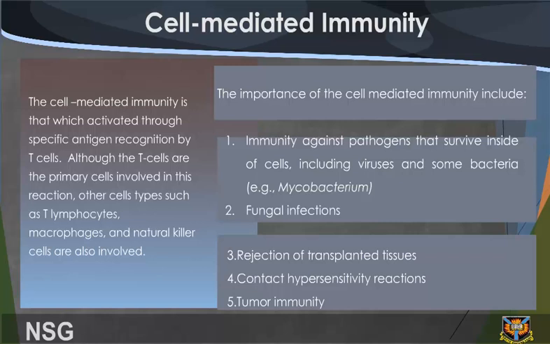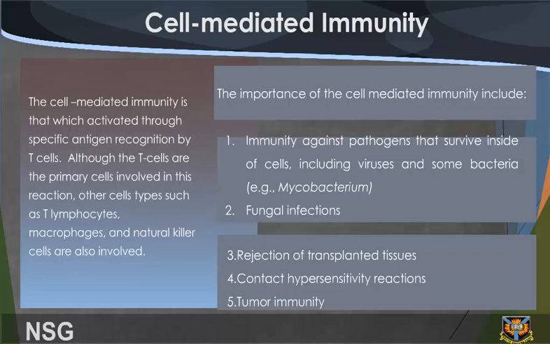Cell-mediated immunity. The cell-mediated immunity is that which is activated through specific antigen recognition by T cells. Although the T cells are the primary cells involved in this reaction, other cell types such as B lymphocytes, macrophages, and natural killer cells are also involved.